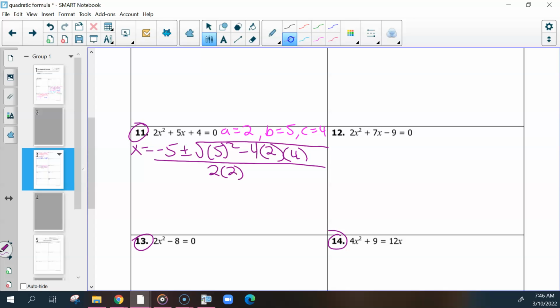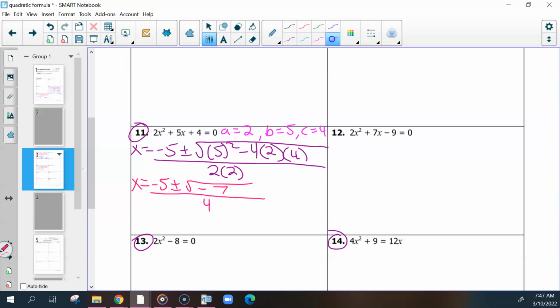Remember that your a value has changed. It is no longer 1. And find the number underneath your square root. Negative 7.